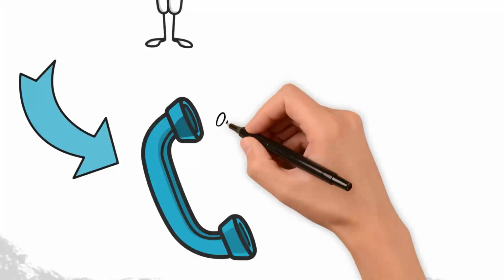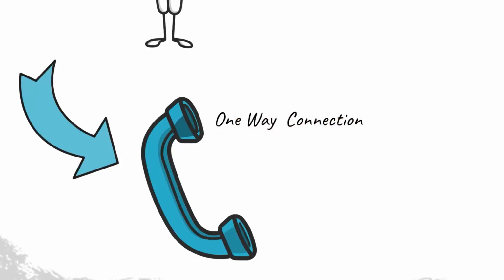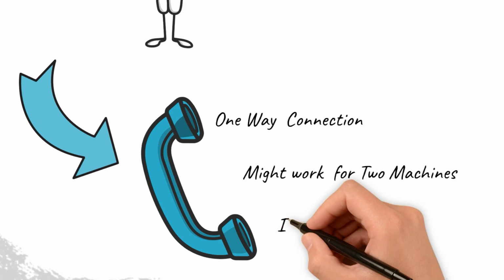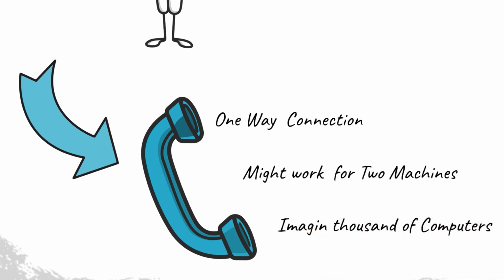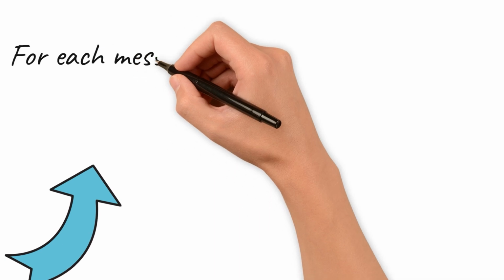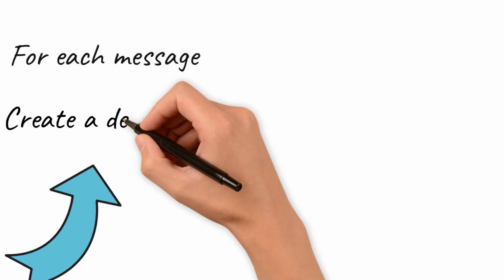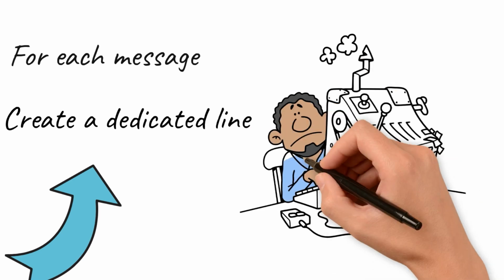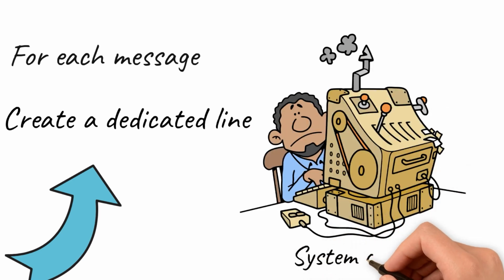One direct connection between 2 computers. That might work for a small number of machines, but imagine if thousands of computers needed to communicate at the same time. Think about it like this. What if every time you sent a message, you had to create a separate, dedicated line just for that conversation? The whole system would slow down, and eventually, it would completely crash.